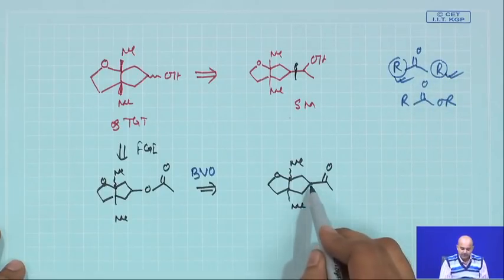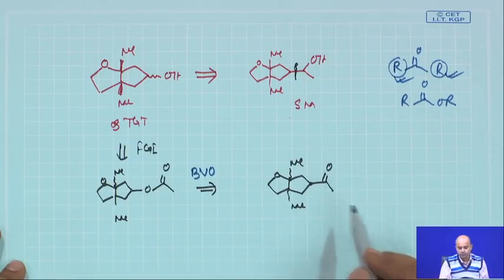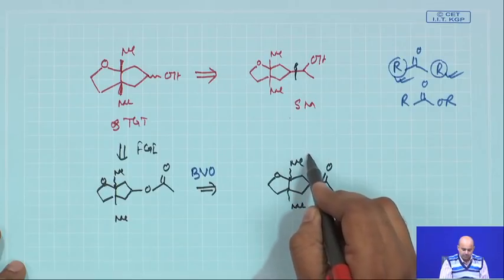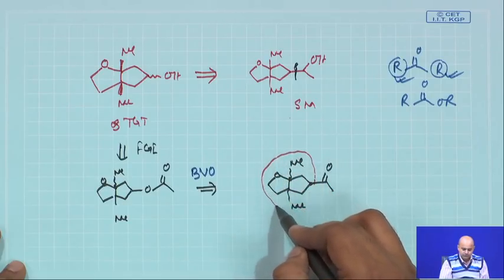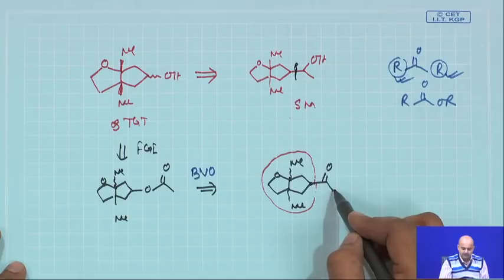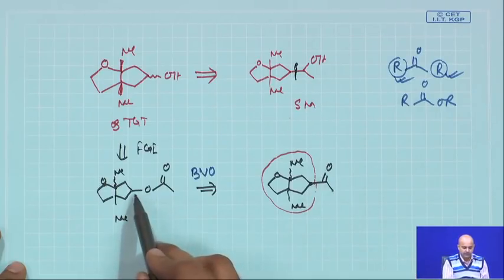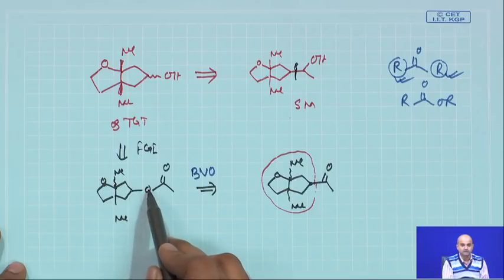Now, here the ketone has this group and a methyl group. This is the highly substituted group and methyl is a simple group. So, definitely this group will migrate towards the oxygen, and that is why this carbon-oxygen bond connection was there.